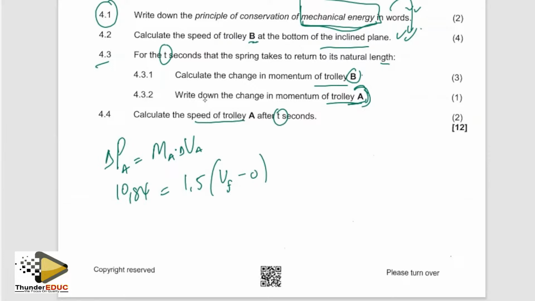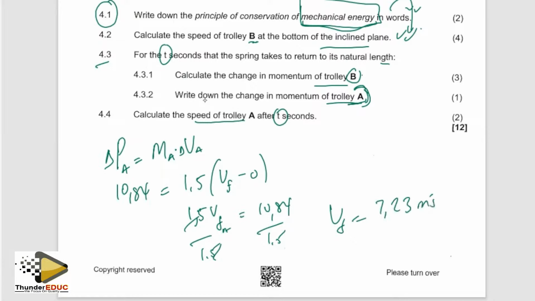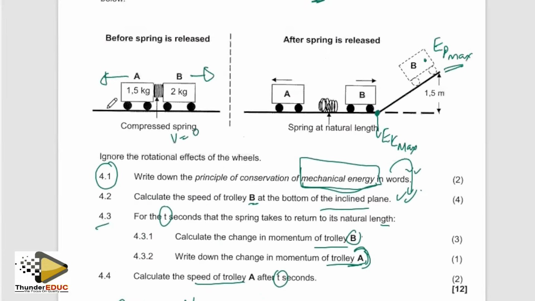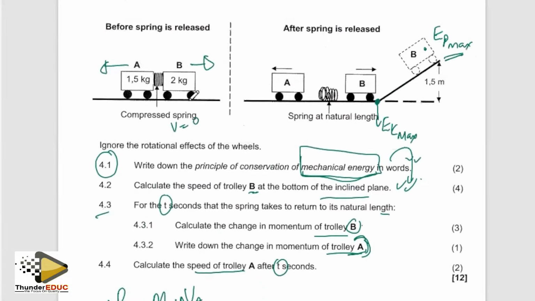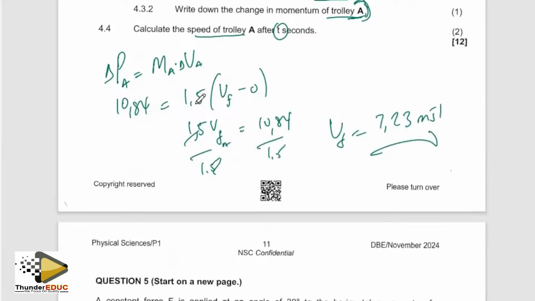So we're just going to have 1,5 v final of A is equal to 10,84. Let's divide both sides by 1,5. So 10,84 divided by 1,5 becomes 7,23 meters per second. So a smaller body will have more velocity than a bigger body, which is kind of logical.